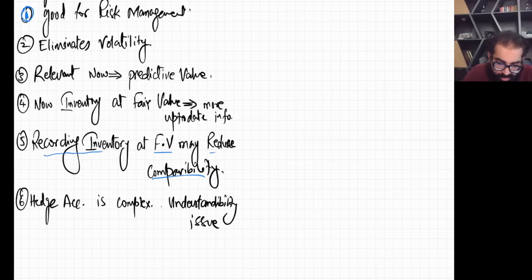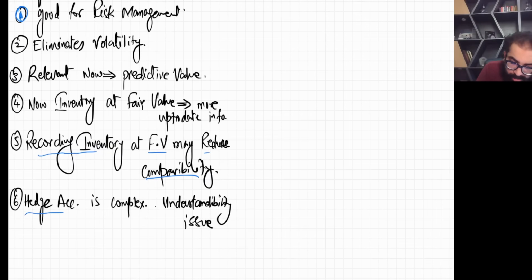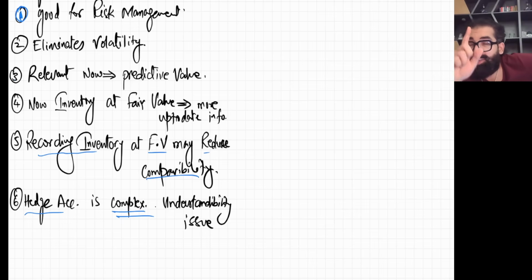And last but not the least, hedge accounting is complex. That's why I'm teaching this question. I'm not teaching this full question. I have just picked question number 4 of the pre-mock, and only the hedging part, because I know there are some students who feel difficulty in this. So when it is difficult for chartered accounting students, obviously it is difficult for a common man as well, for an investor as well.